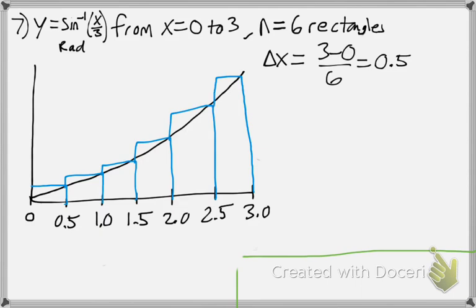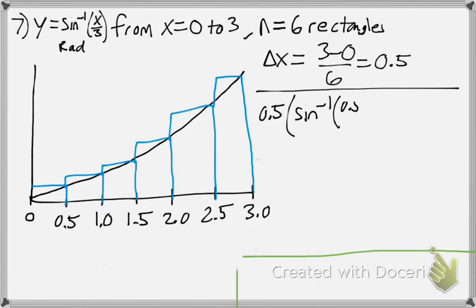Okay, so when I'm calculating my values, this is going to be 0.5, and I can always write it as just 0.5 times each of these. I don't need to keep writing 0.5 every single time. So I'm going to do sine inverse again, you're plugging in these values into the function.